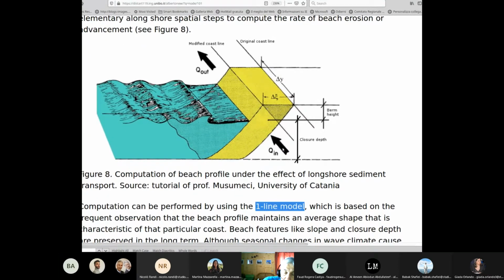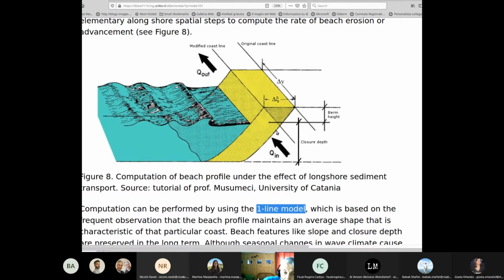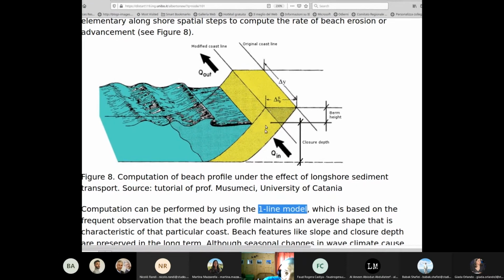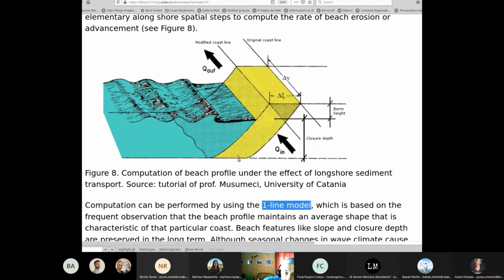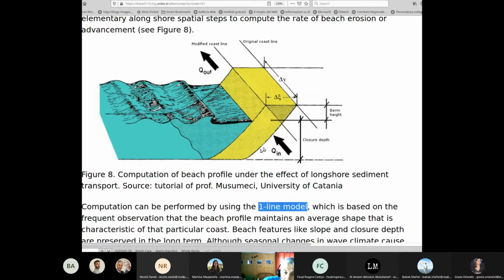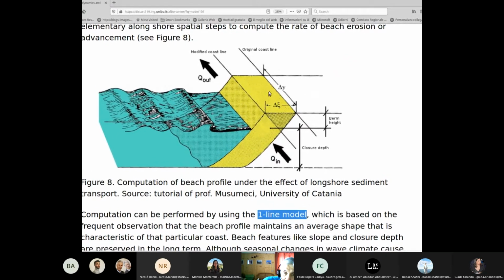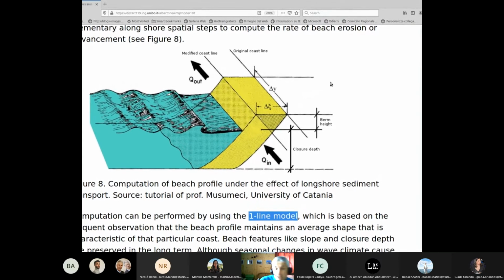If Q in is lower than Q out, you have erosion. And then once you estimated Q in minus Q out, this is the volume of the yellow shape that we define here. So the geometry is defined, the volume is defined, and then you can compute delta Xi. It is quite simple. We will make an exercise on this, which will help you to understand how this works.